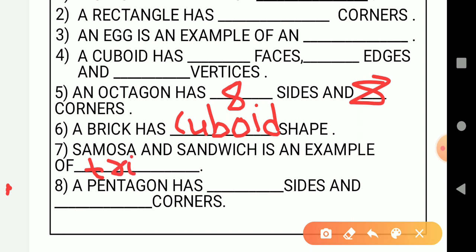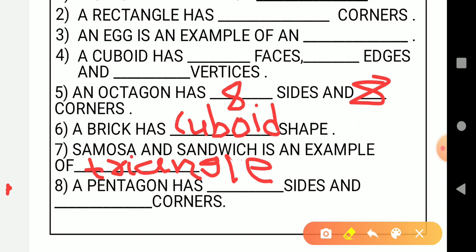Triangular. So we write triangle, and the spelling of triangle is T R I A N G L E. Then my next blank is a pentagon has blank sides and blank corners.